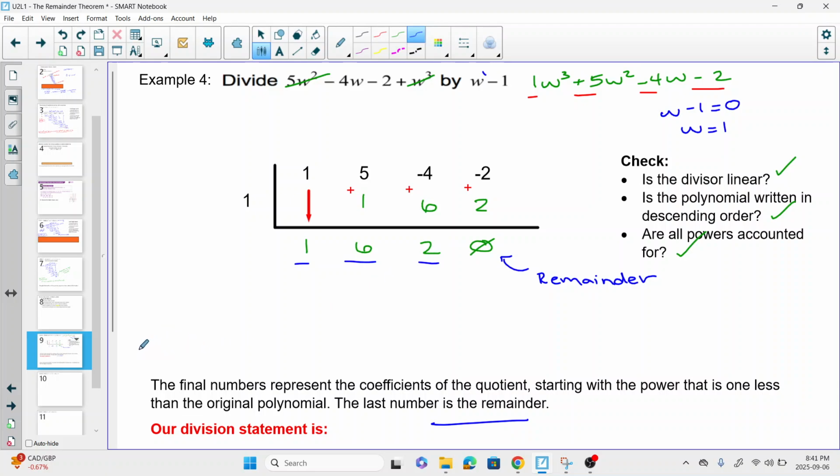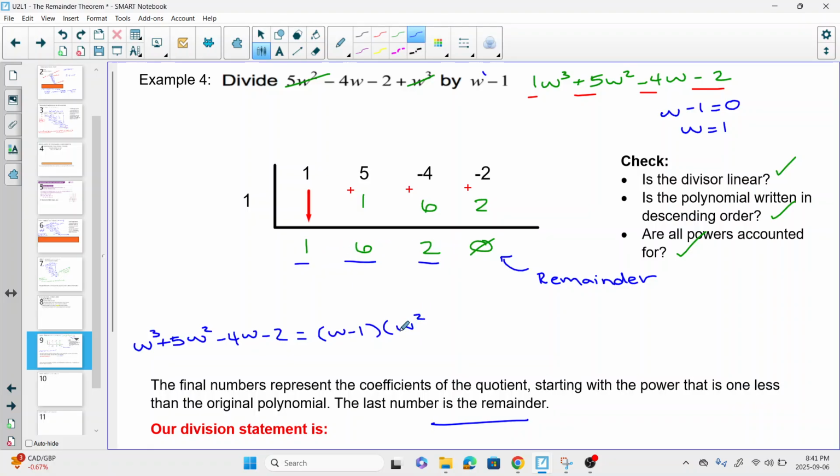So our original function, w cubed plus 5w squared minus 4w minus 2, is equal to what we divided out, the factor w minus 1, and what we're left with is w squared.